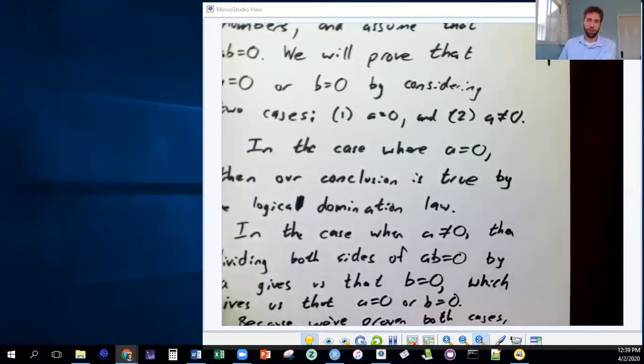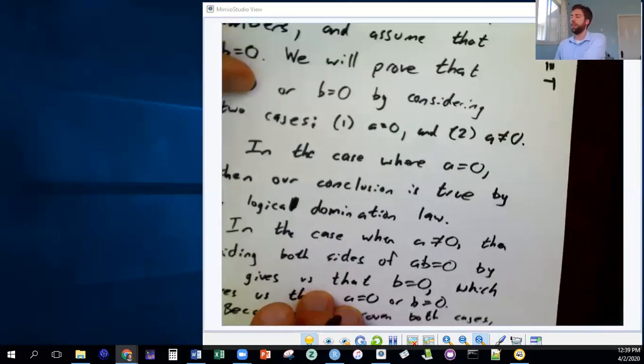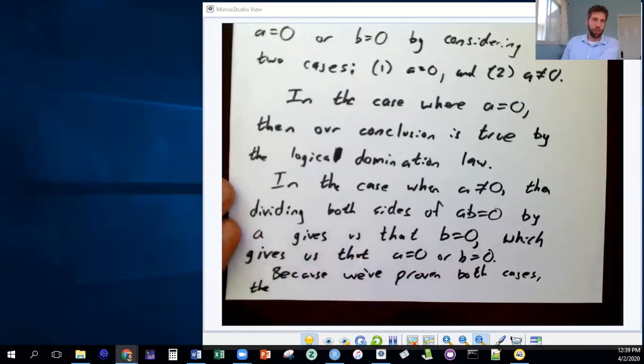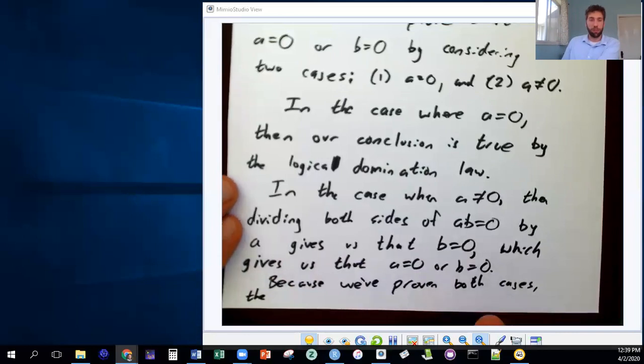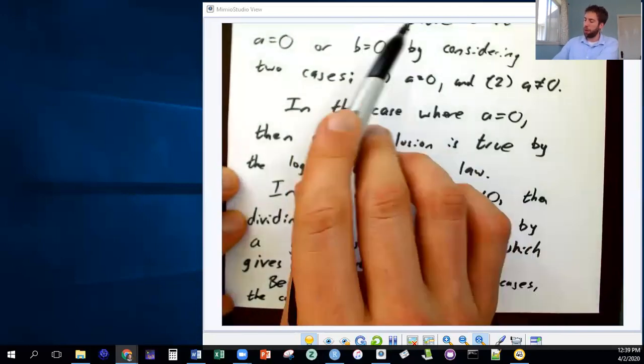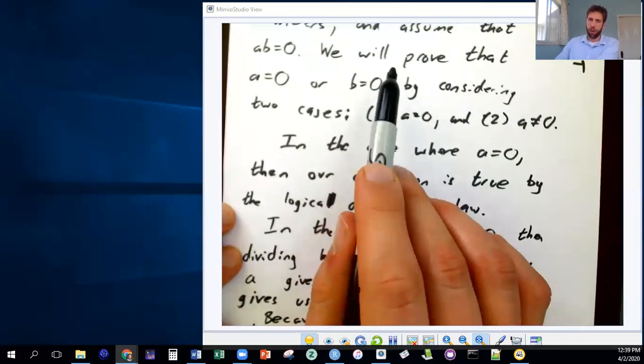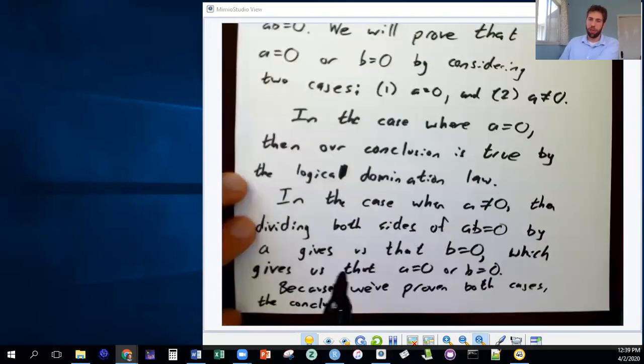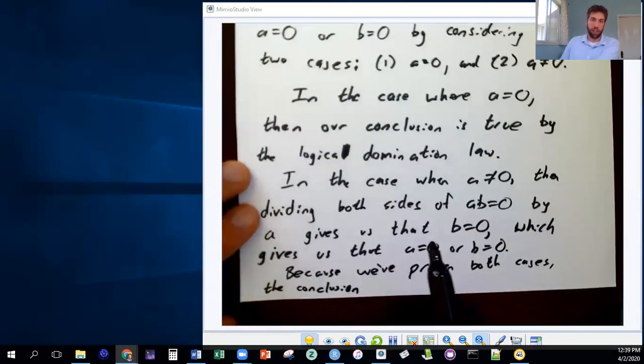That's kind of a lazy way to say it. I could just restate my conclusion as well. That'd be a little bit better, but especially because I've already said what I wanted to prove here, that helps me to be lazy now. Conclusion holds.